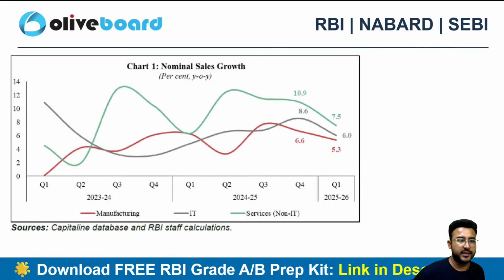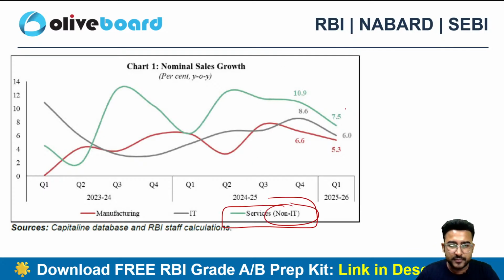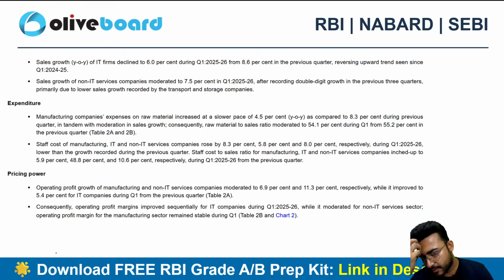And if you look at the different sectors, the non-IT service sector has the highest sales growth, 7.5%, as compared to the categories of manufacturing and IT services. The non-IT services were growing quite well as per the published data, right?